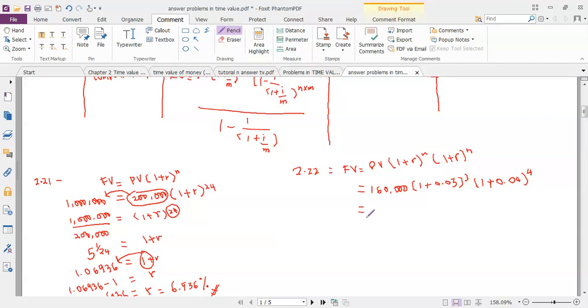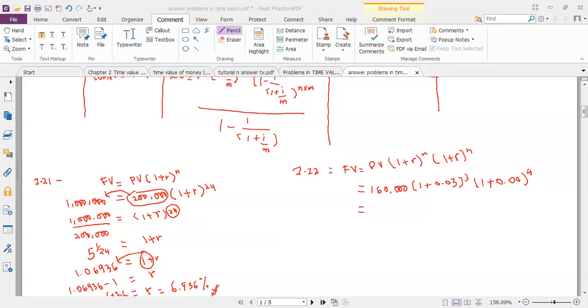160,000 multiplied by 1.03 to the power of 3, and then multiplied by 1.04 to the power of 4. So what is your answer?